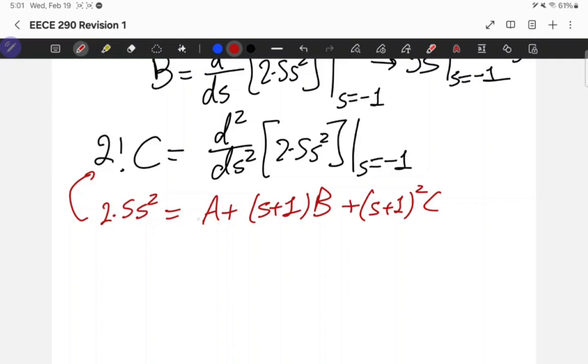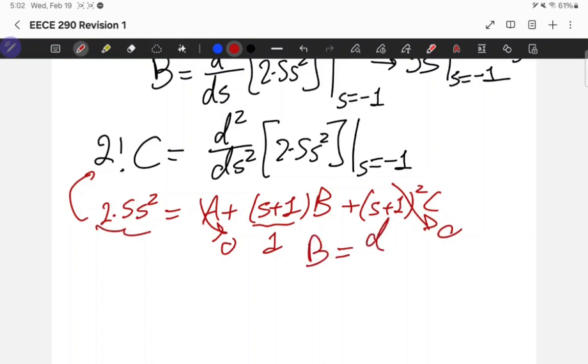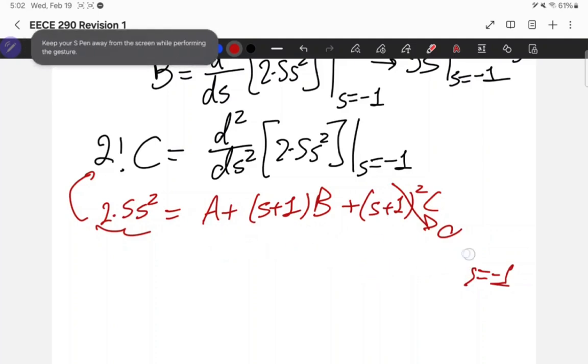If I do the derivative, this will go out. The derivative of this is 1, I'm fine, I'm left with b. And the derivative of this will not die out, and I will have minus 1 plus 1, this will go to 0. So I have b equal to the derivative of this evaluated at s equal minus 1, which makes c equal to 0. This is b.